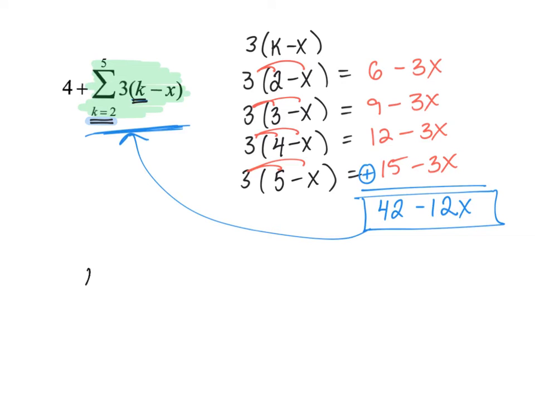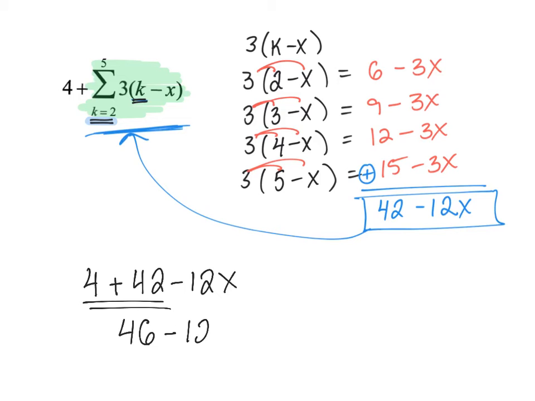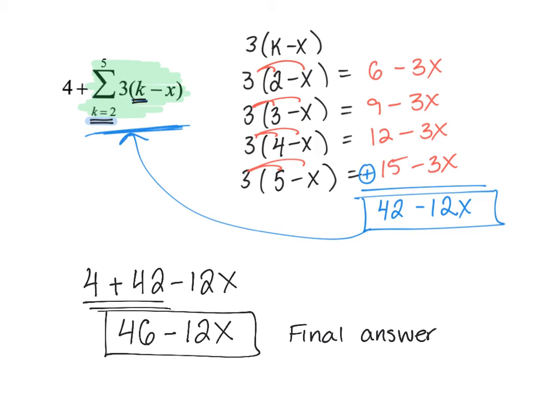So my final answer is 4 plus 42 minus 12x. And the 4 plus 42 we can add together. That gives me 46 minus 12x. So this is my final answer. Be careful. This is the answer to the sum. And then don't forget to add that 4.